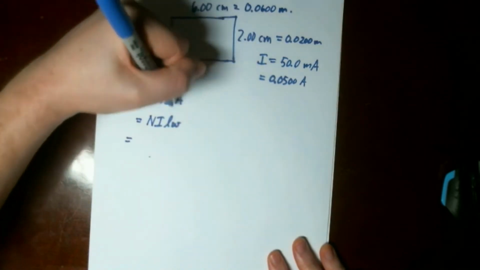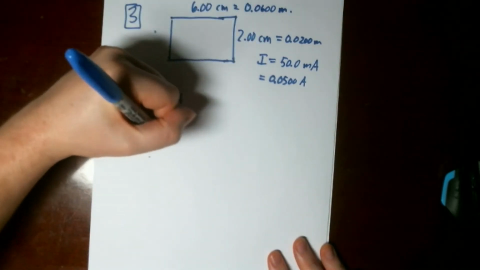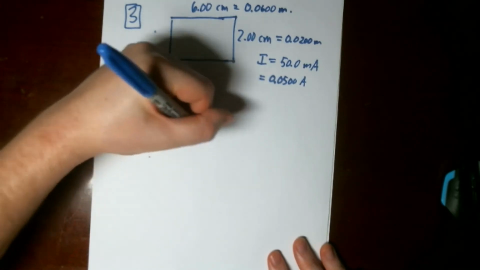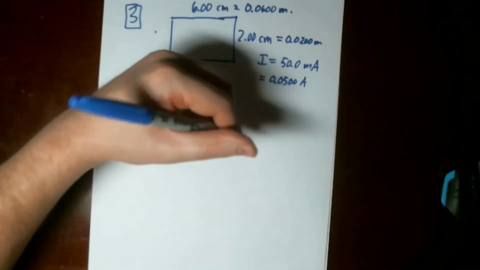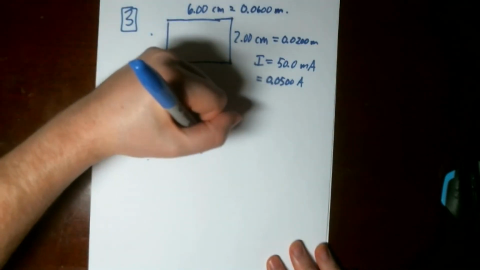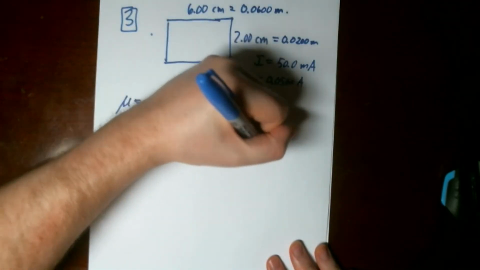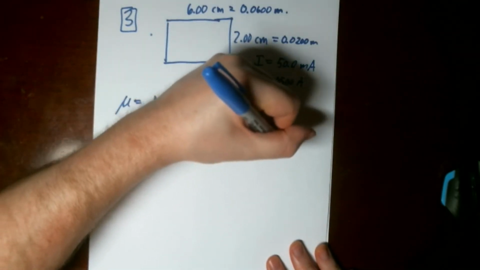we have 200 turns of wire, or 200 loops. We have a current of 0.0500 amps going through the loop. Then we have a length of 0.0600 meters and a width of 0.0200 meters.